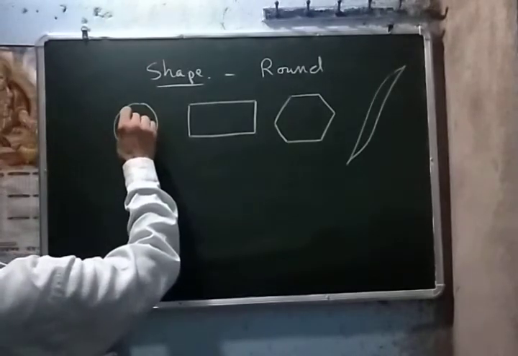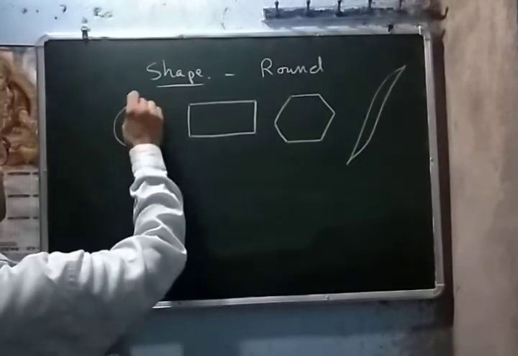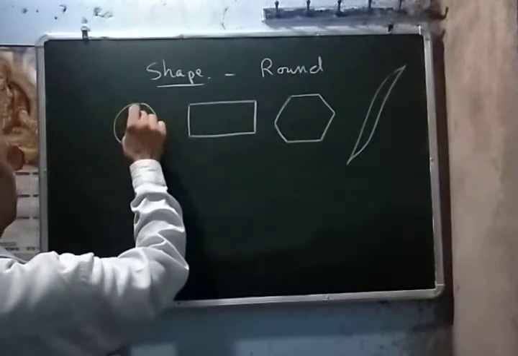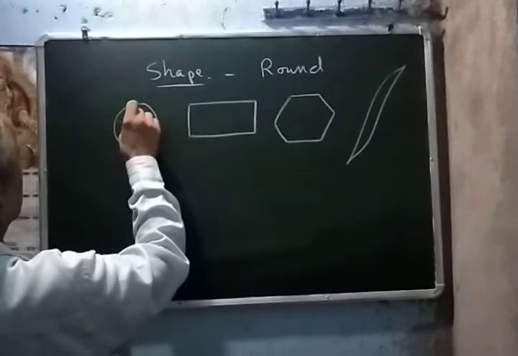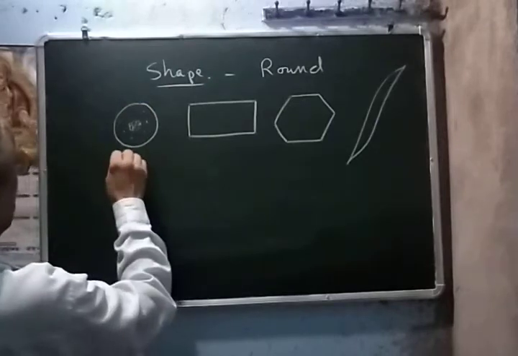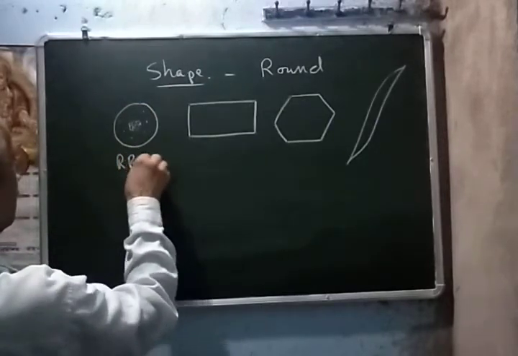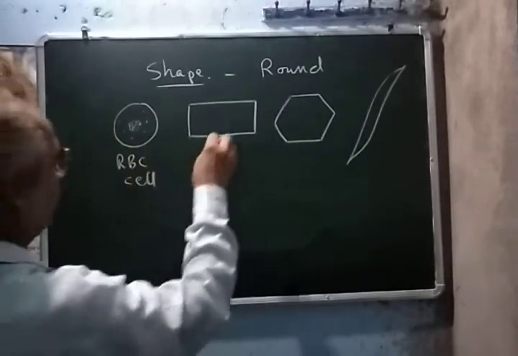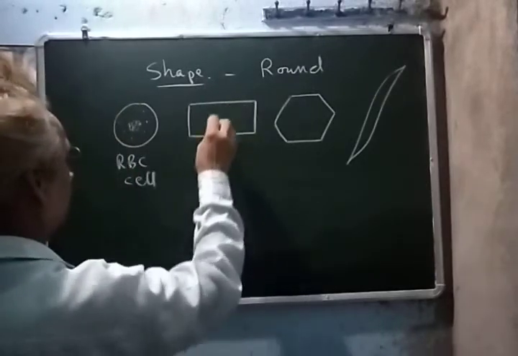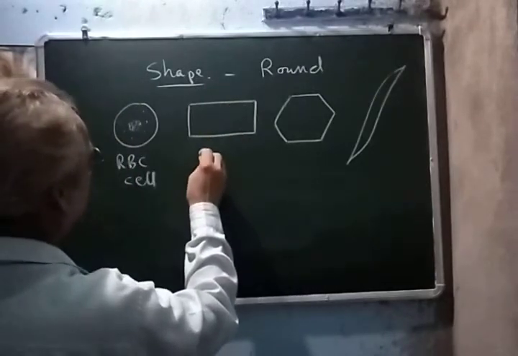This is a round shape. This is an RBC cell. This is an epithelium cell of skin.